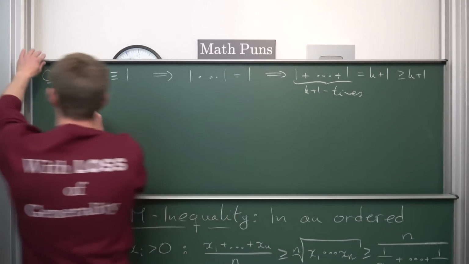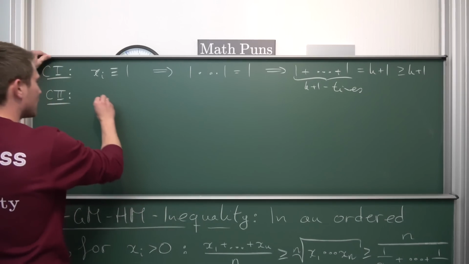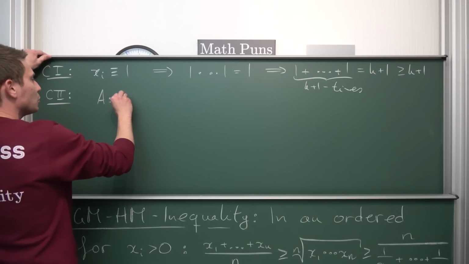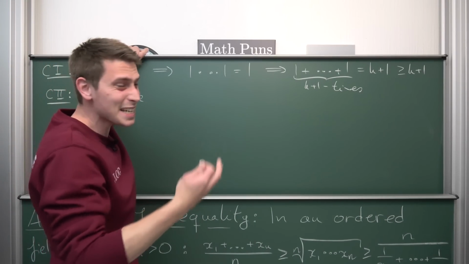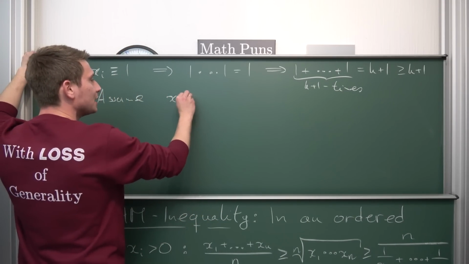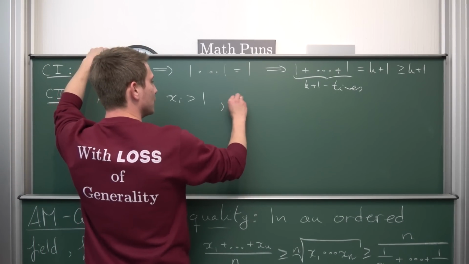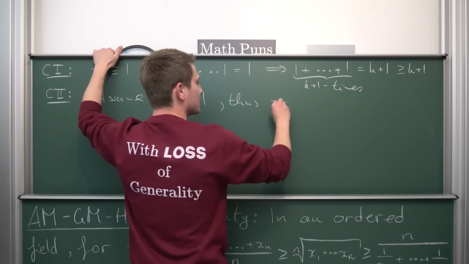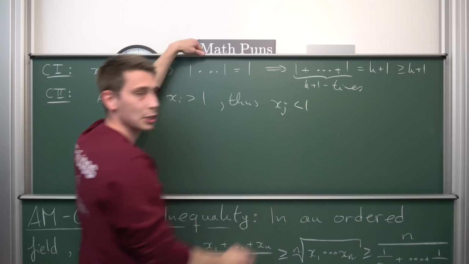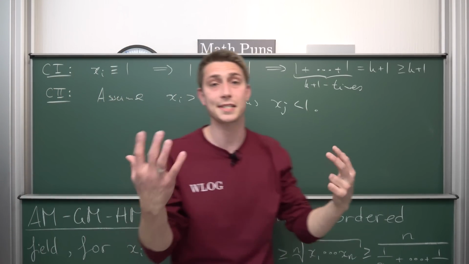Meaning, on the other hand, we can have that, okay, we are going to assume that without loss of generality, at least one sample in here, let's call it xi, is greater than 1, meaning we must have, thus, some xj must be less than 1 for our multiplication chain to hold. Okay, let it sink in.